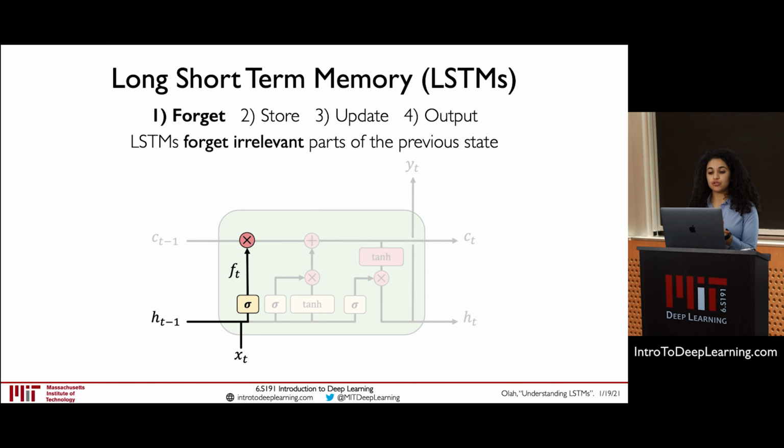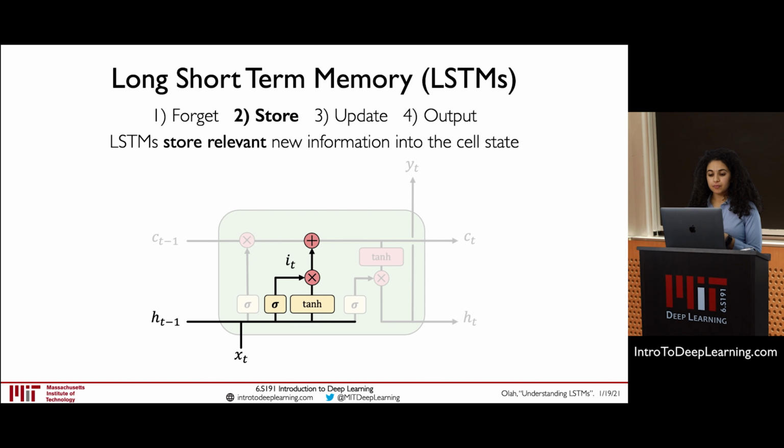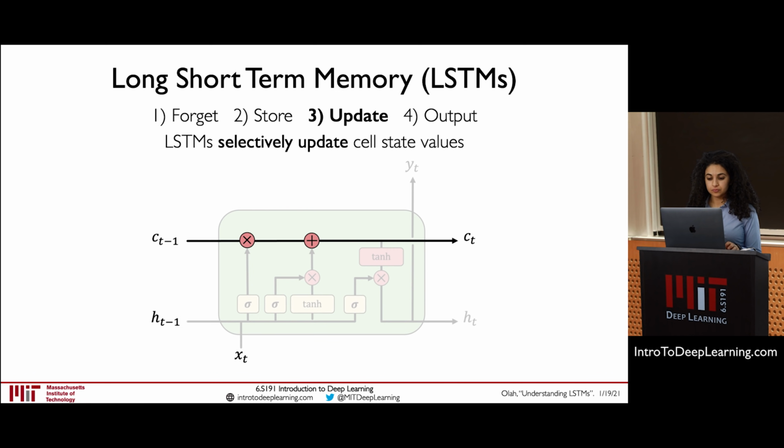The first step is to forget irrelevant parts of the previous state, and this is achieved by taking the previous state and passing it through one of these sigmoid gates, which again, you can think of as modulating how much should be passed in or kept out. The next step is to determine what part of the new information and what part of the old information is relevant, and to store this into the cell state.